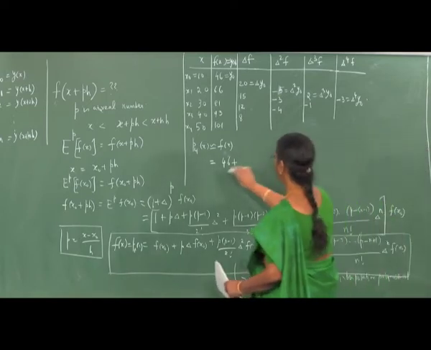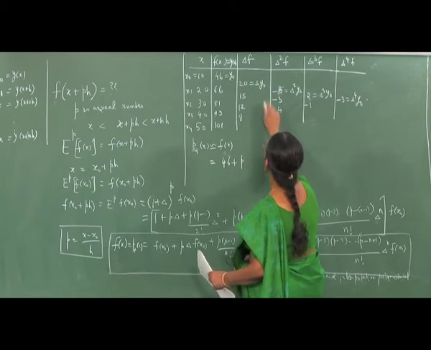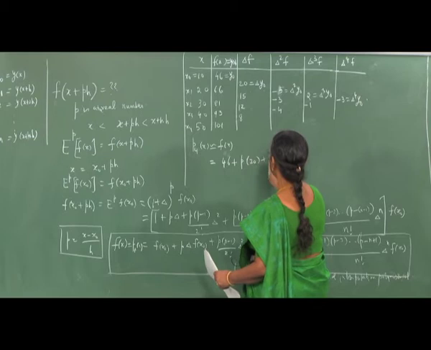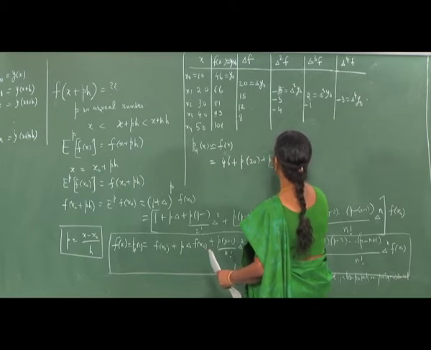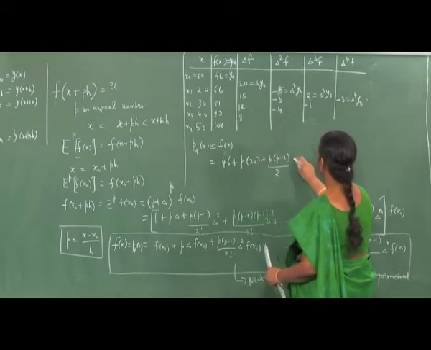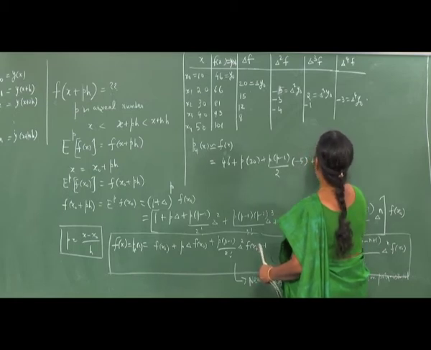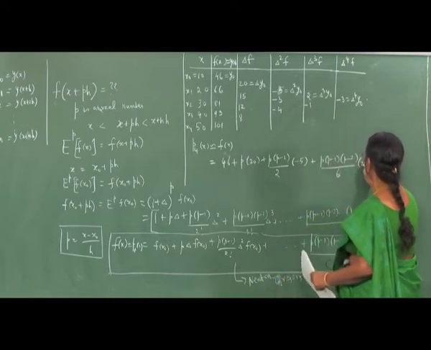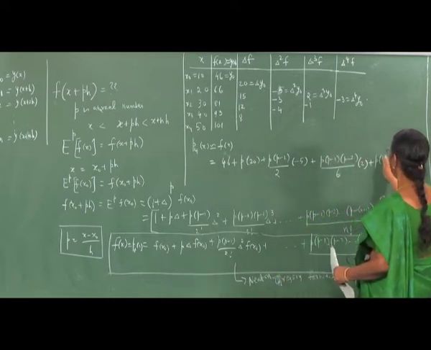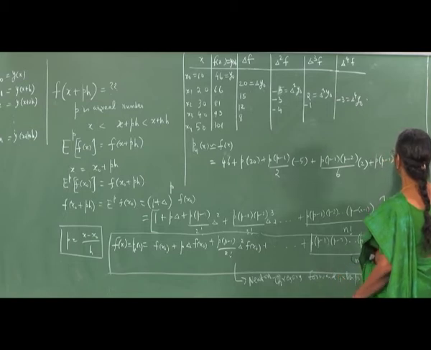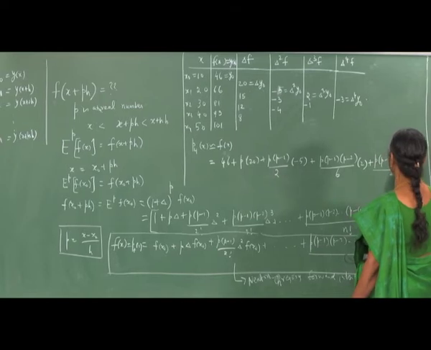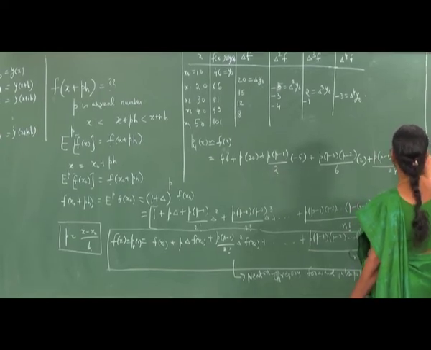So, I continue with p into delta f naught, which is 20, plus p into p minus 1 by factorial 2 del square, that is minus 5, plus p into p minus 1 into p minus 2 by factorial 3 del cubed, which is 2, plus p into p minus 1 into p minus 2 into p minus 3 by factorial 4 multiplied by minus 3.